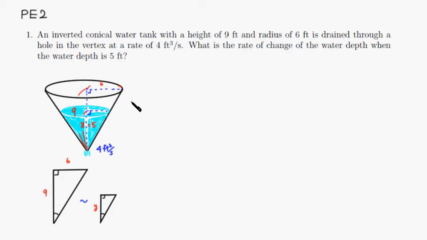So we have to come up with the equation that relates the volume of the water and the depth. Let's write the volume of the cone. V is equal to 1/3 pi radius squared times height, which I'll write as pi over 3.